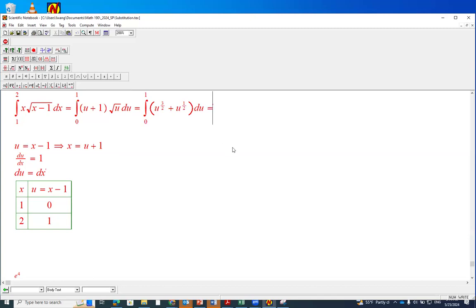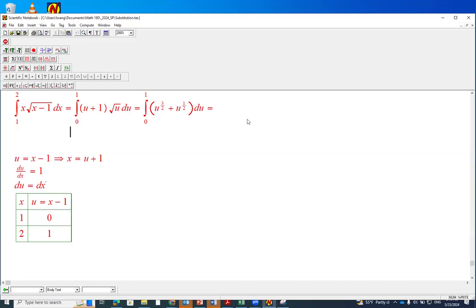Equals to, and now you can separate into 2 integrations or just do it at once. I'm going to do it at once. I'm going to move it down here so you can follow. Hopefully this is easier.